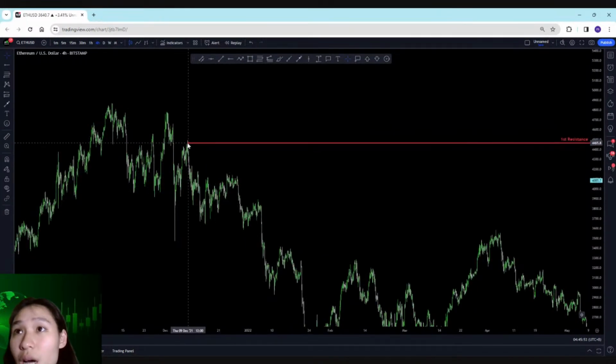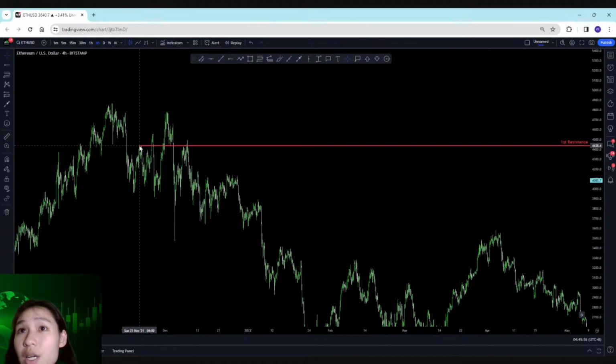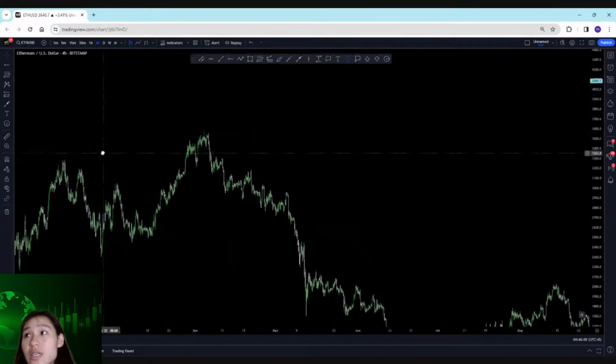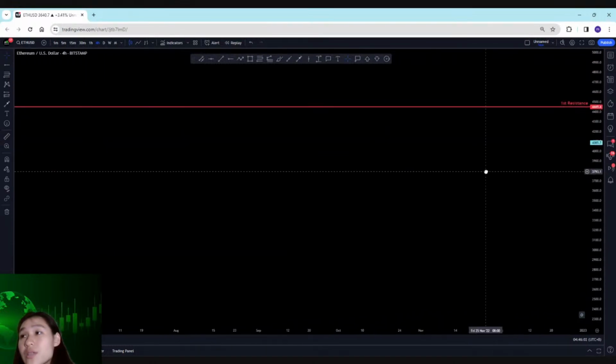Okay, I won't place it so high. I'll place it a little bit closer to where price is currently at. So I'm gonna place it at this overlap level here instead, closer to our pivot.